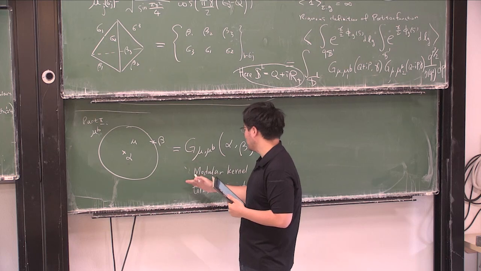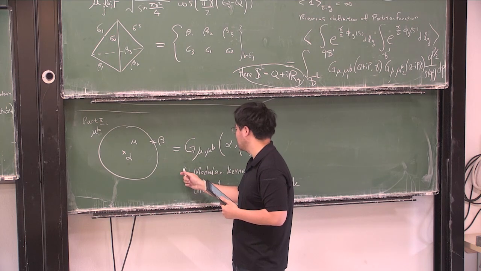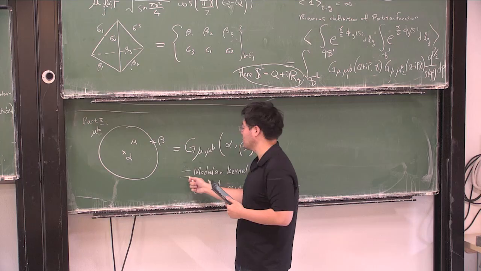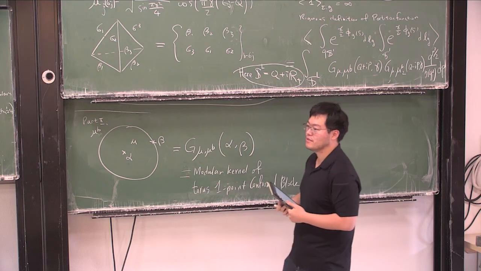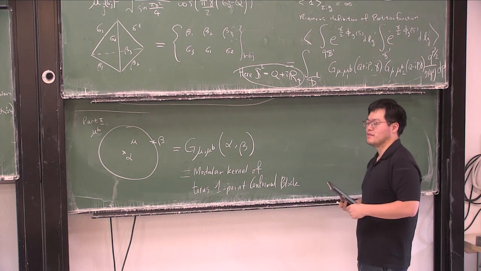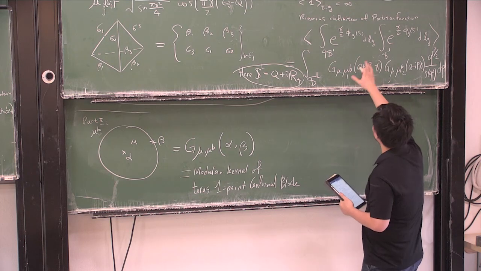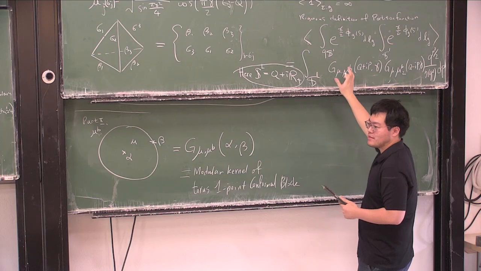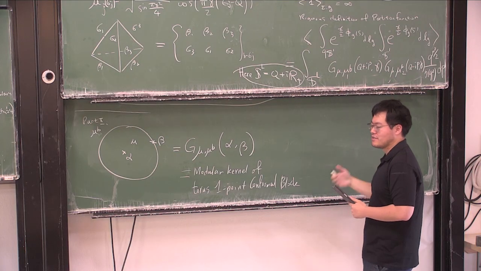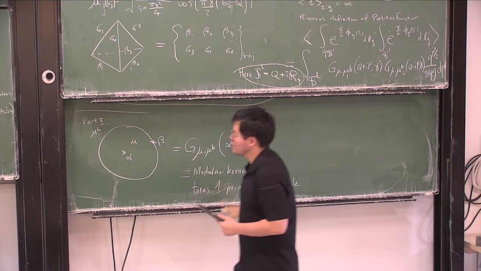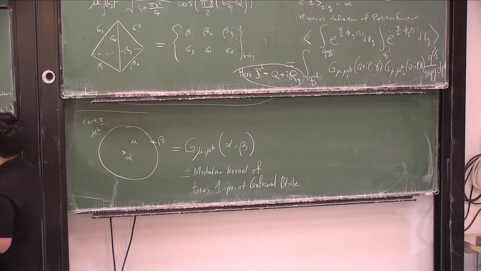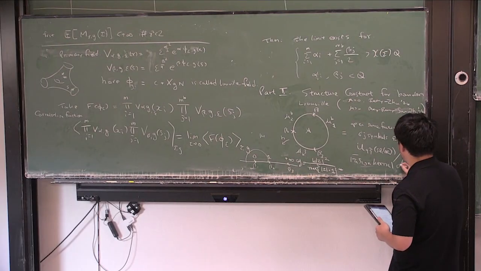This formula coincides with the modular kernel of the torus one-point block. Why is it related to the torus one-point block? This can be expanded by using the bootstrap method. Now I'm giving some basic setting, then I show how to justify the two facts, like the modular kernel of the torus one-point block. And this also corresponds to the fusion kernel of the four-point sphere conformal block.